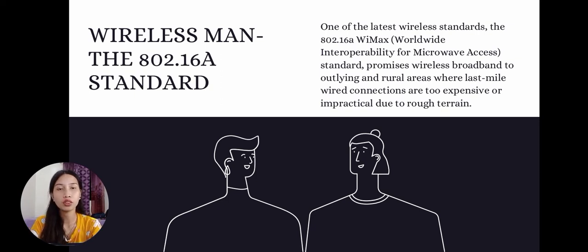WiMAX delivers up to 70 Mbps of bandwidth at distances of up to 30 miles. WiMAX operates in a wide frequency range from 2 to 66 GHz, although specific products will probably only operate within a portion of that entire range.